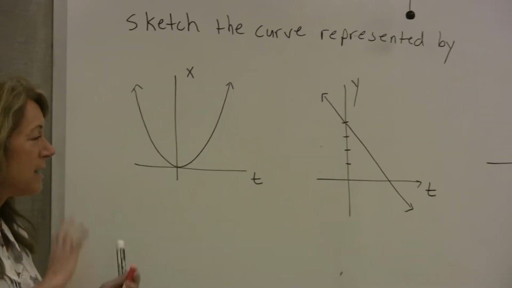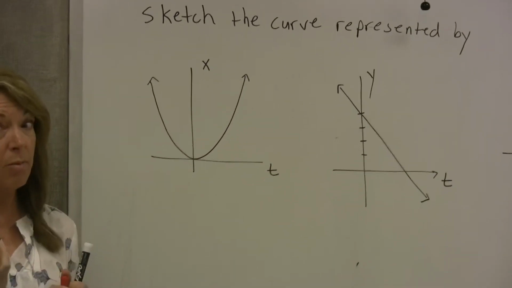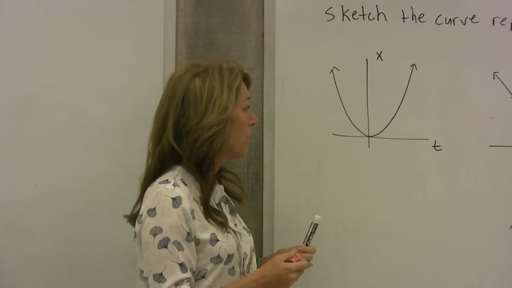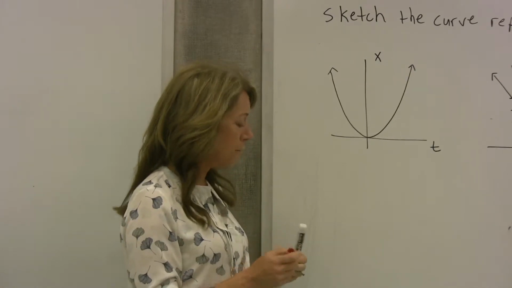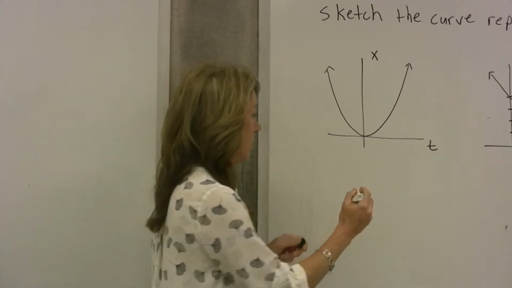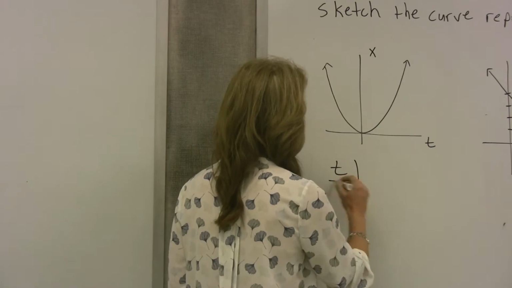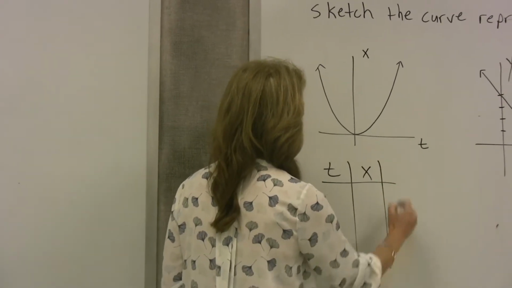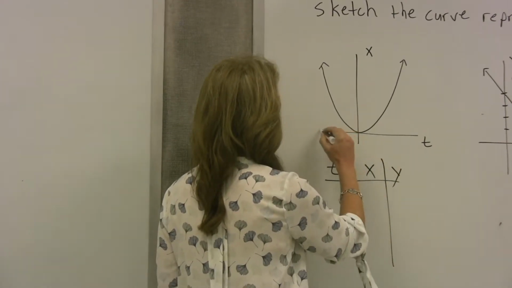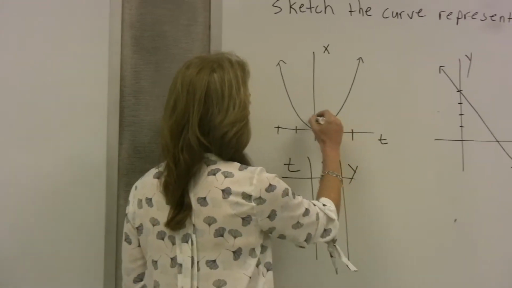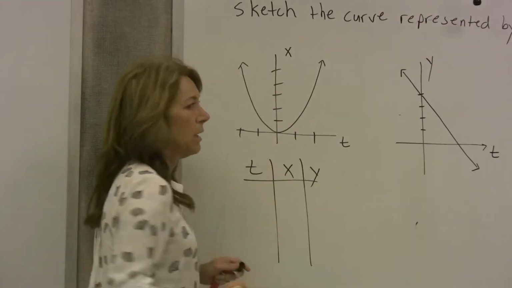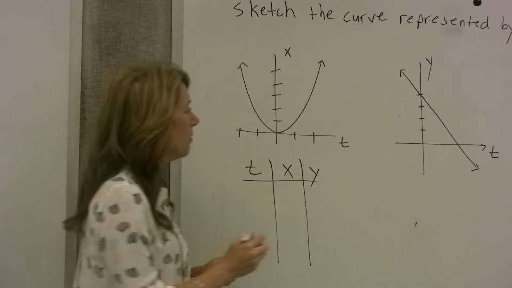If you can't see the relationship, you can always plot points. Always plot points. So for example, if I wanted to make a table plotting points, maybe I put a scale on here, like that. Scale on the other one too.